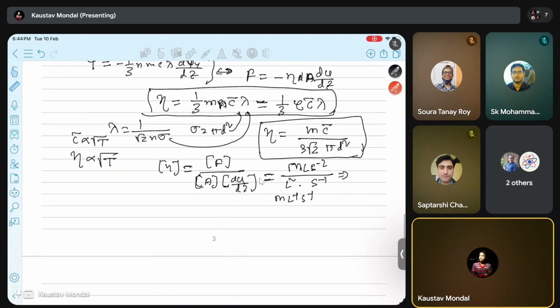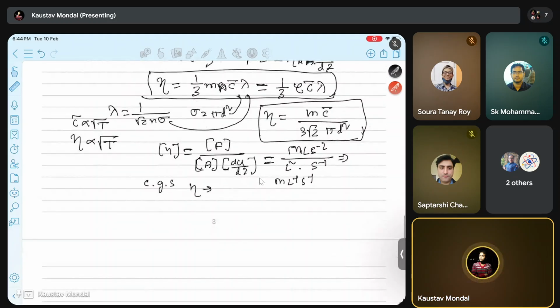So that means in CGS unit, eta has the unit known as poise, and in SI unit, eta has the unit of kg meter inverse second inverse.